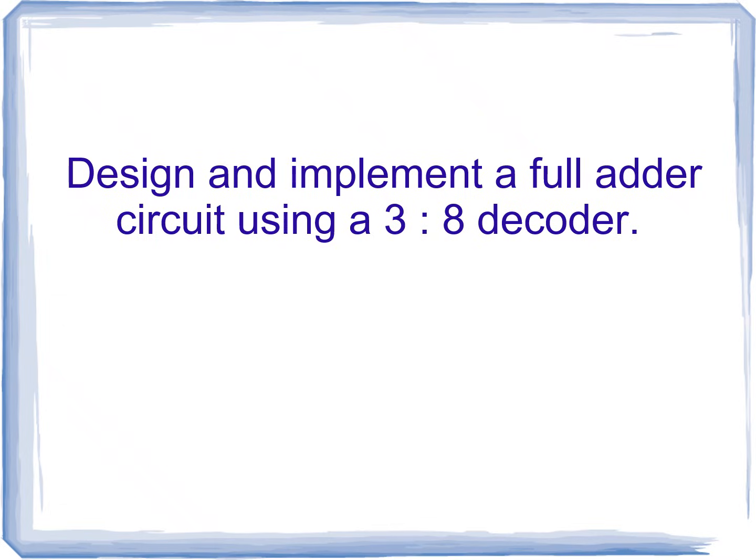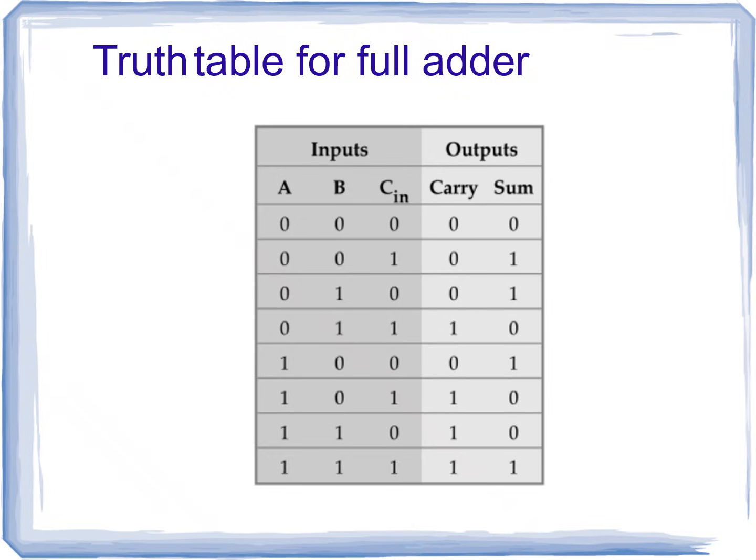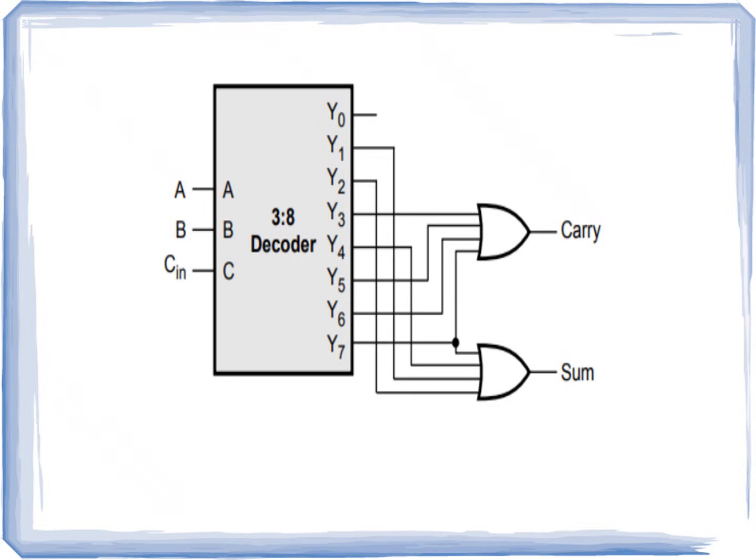Then we are going to implement the same for the full adder. In a full adder, there are 3 inputs and 2 outputs. Here, for the sum, which numbers will be valid? 1, 2, then 4, then 7. So we have taken these values as the sum.